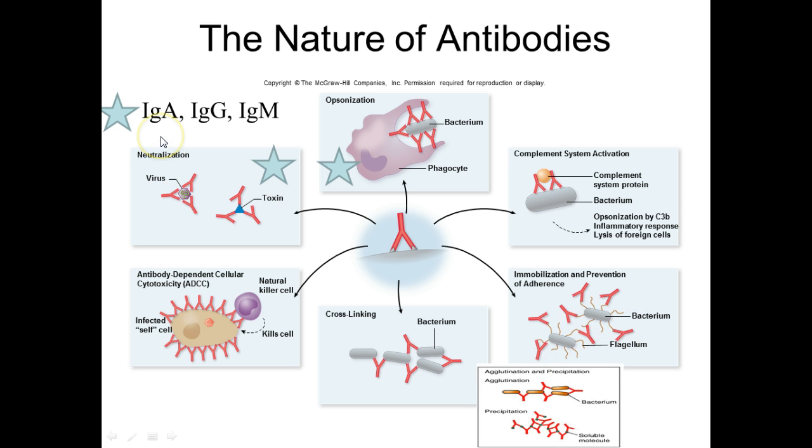Can IgA do that? What do you think? Yeah? What about IgG? All three of these can do this functionality, right? They can tie up the flagella, immobilize them that way. They can bind to them and therefore stop them from adhering to us.